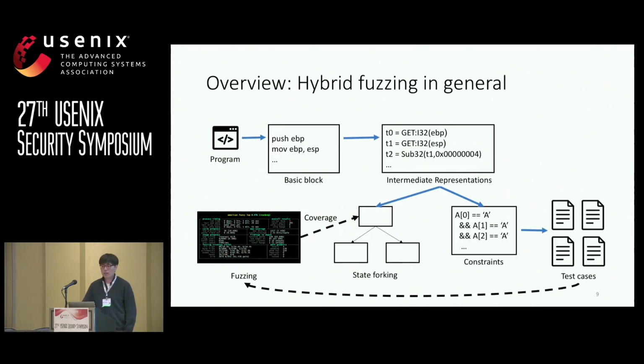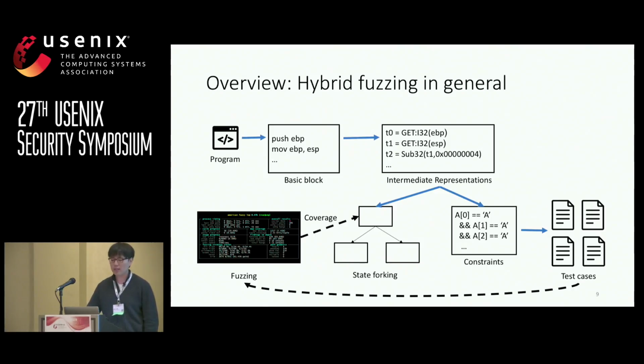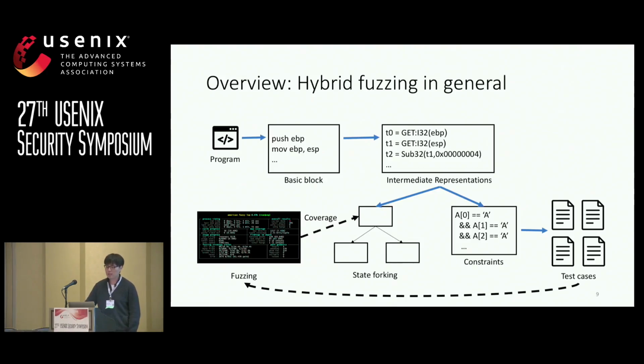So before we jump to QSYM, I want to introduce hybrid fuzzing in general. In the program, it extracts a basic block and converts the basic block into intermediate representations for simplicity. After it generates the intermediate representations, while executing them, it generates constraints and also forks some states.